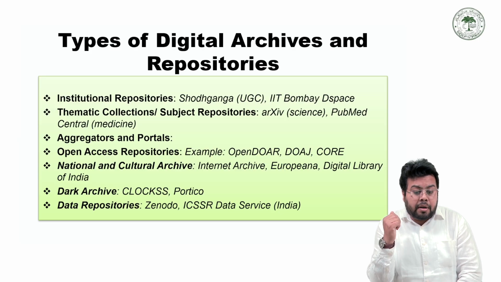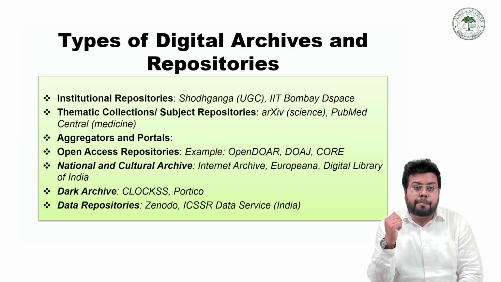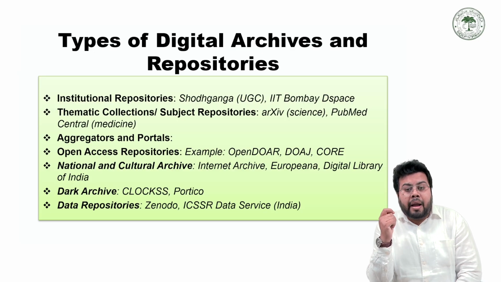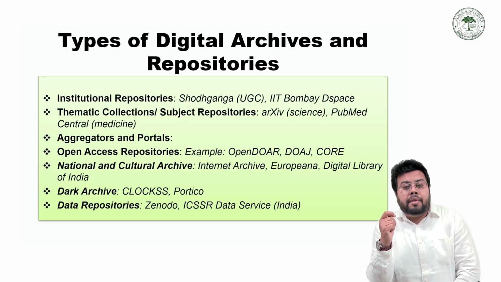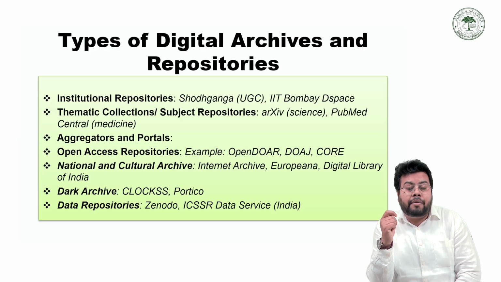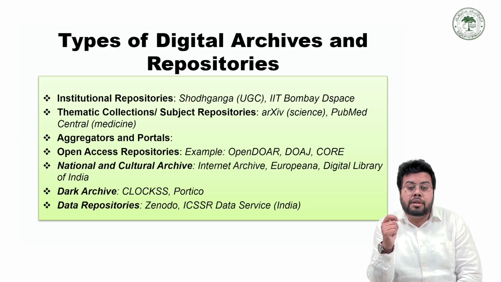Another type of digital archiving or repository is the aggregators and portals. Aggregators and portals are meta repositories that harvest and federate records from multiple resources, such as Europeana or the Digital Public Library of America, right?